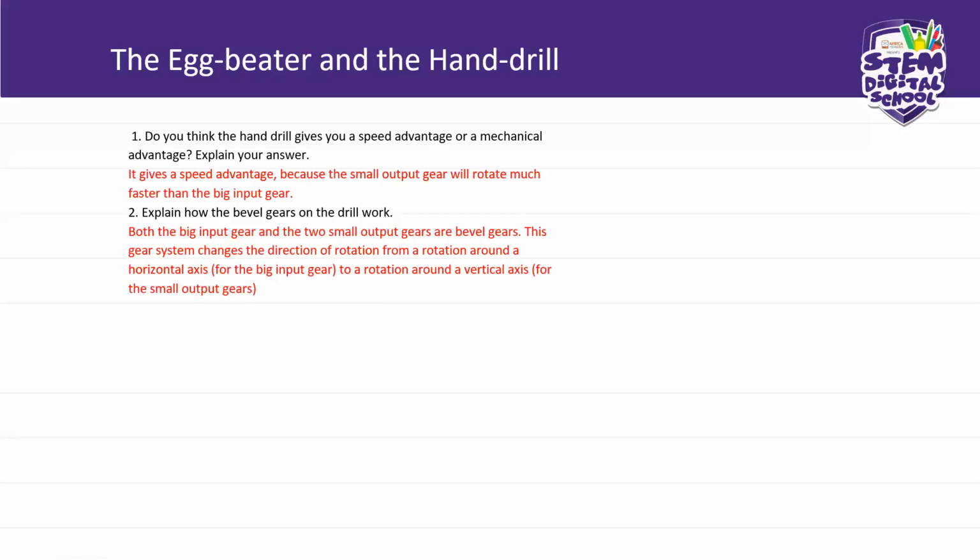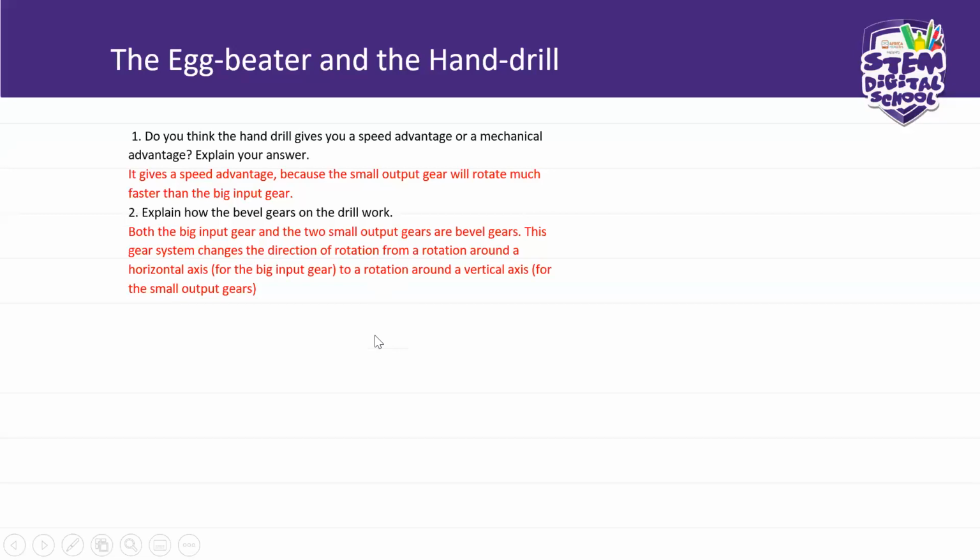Remember, their axes are different. One is horizontal and the other one is vertical. And the gears make a 90 degrees angle. Okay, that's how it works.